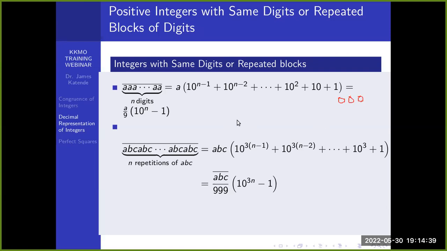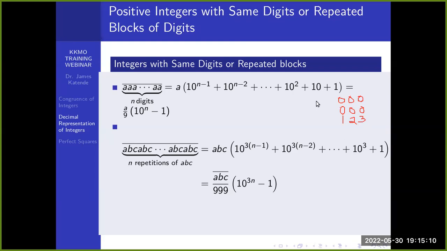Then the next one will be this, 123, then you have the zeros. Then we have the last bit, which is just the 123. So that's how you can write it out.